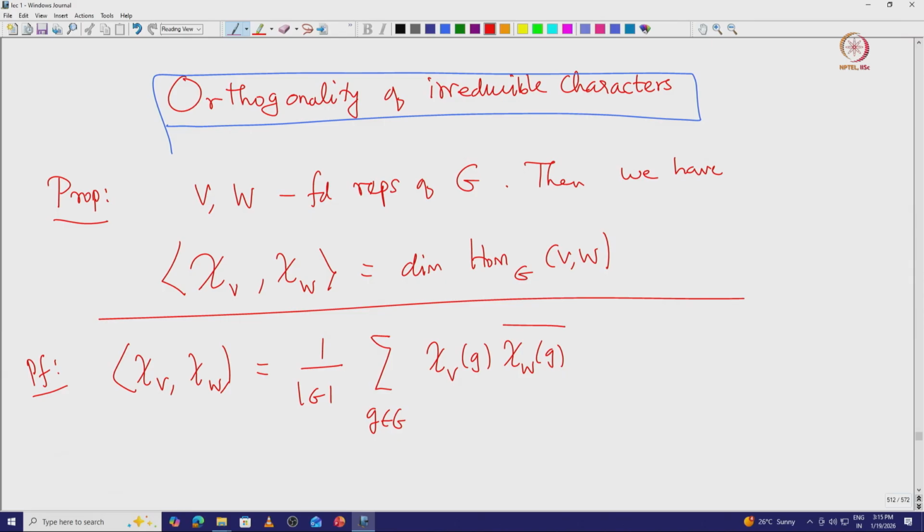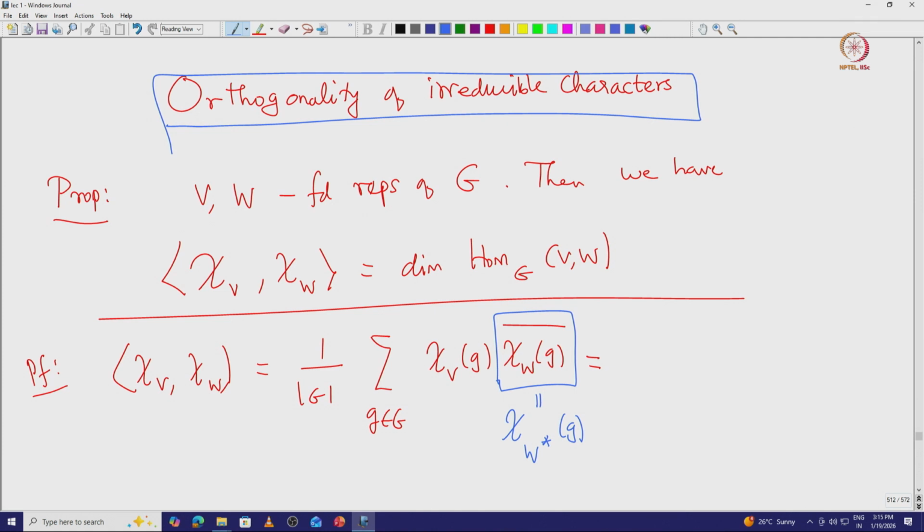Now let us rewrite this in terms of the dual representation on the tensor product. We have already seen that this conjugate value is exactly the character of W star at g, and the product is going to be the character of the tensor product.